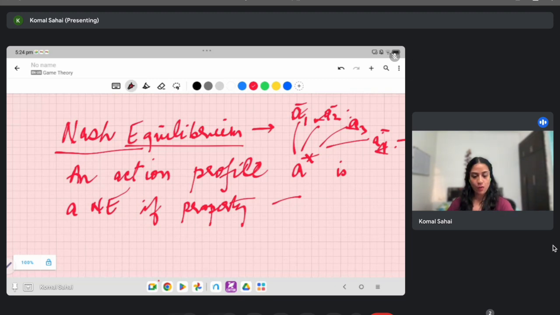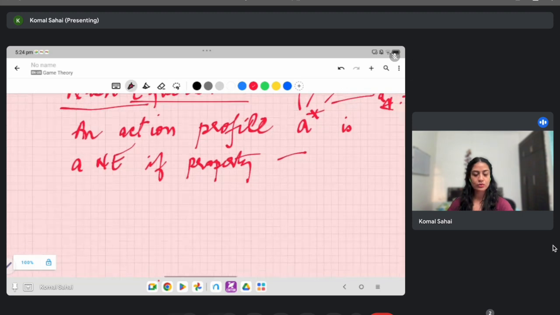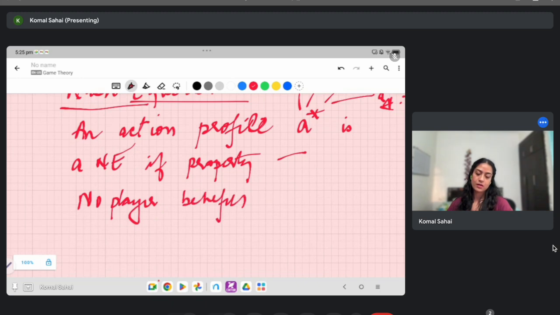So think of it like this, that the property is that no player benefits by deviating.